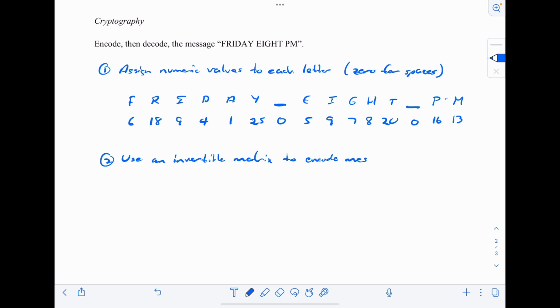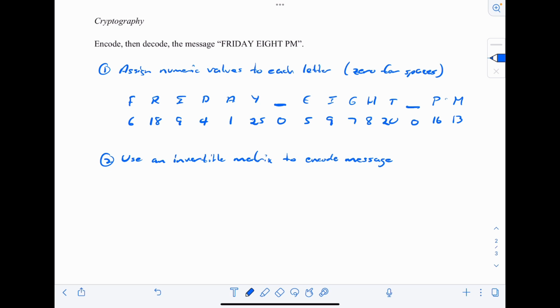Now, how we do this is really arbitrary. It's just a matter of the system that you decide to set up. In this case, if we count up the number of characters, including the spaces, we have 15 total characters. We could break this up into blocks of 5 or blocks of 3.